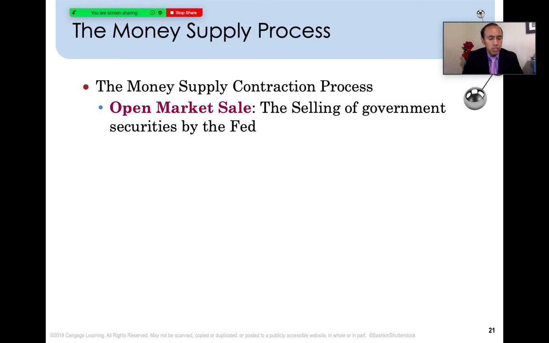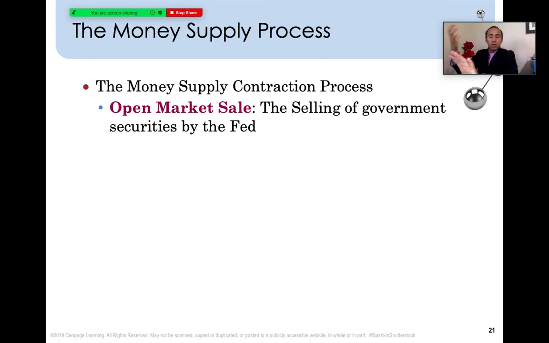This is done through open market sales, the selling of government securities by the Fed into the market. If the Federal Reserve sells securities, they are selling a Treasury certificate to the banks, and the banks are paying for that certificate with reserves.